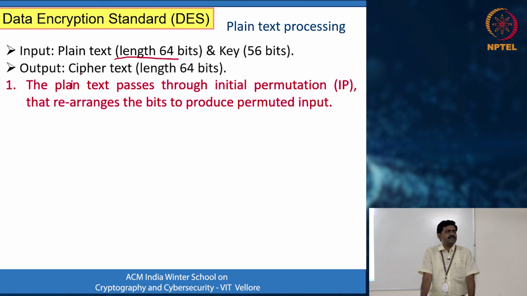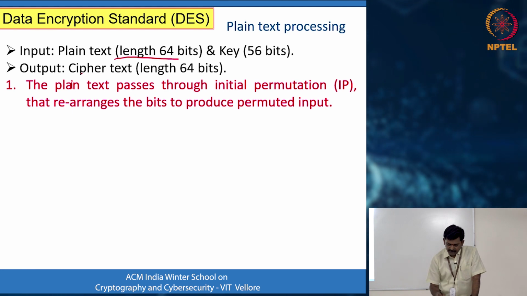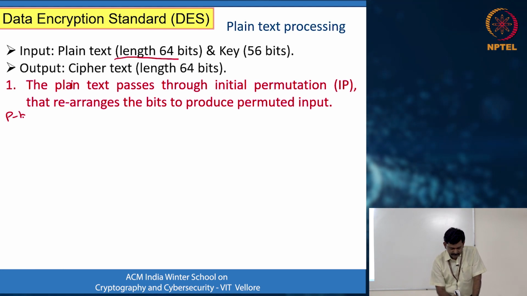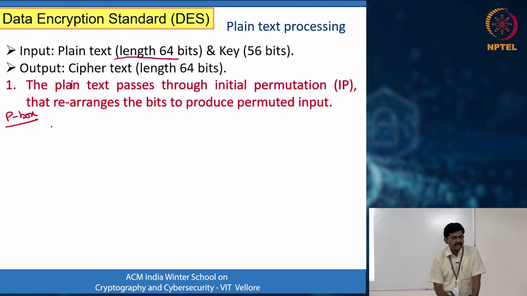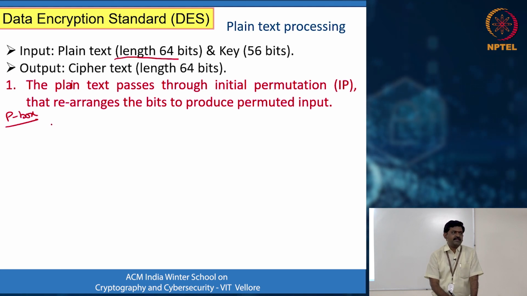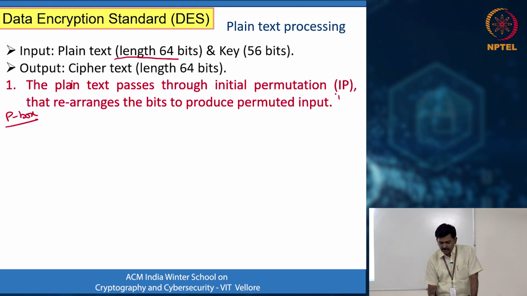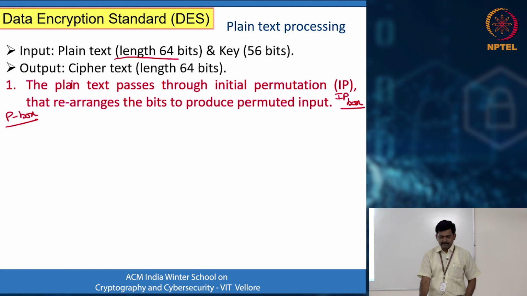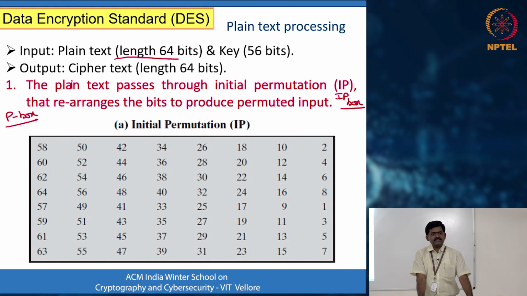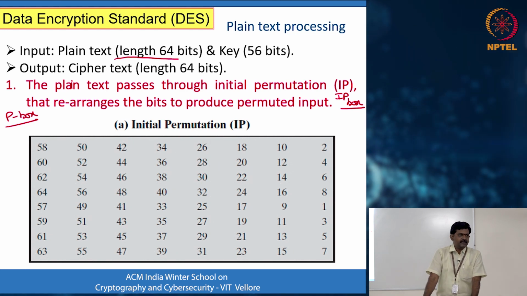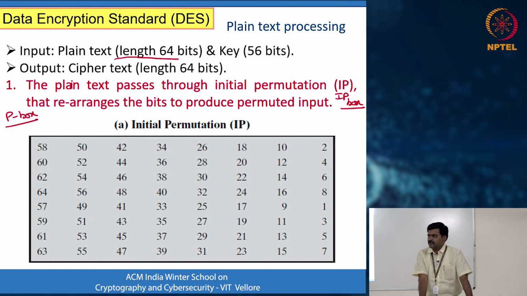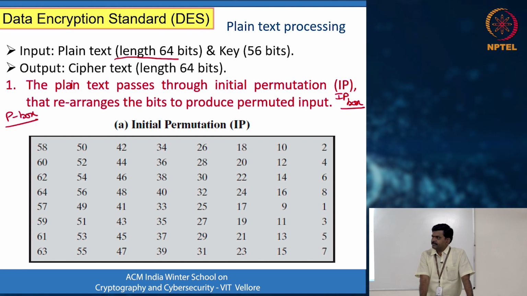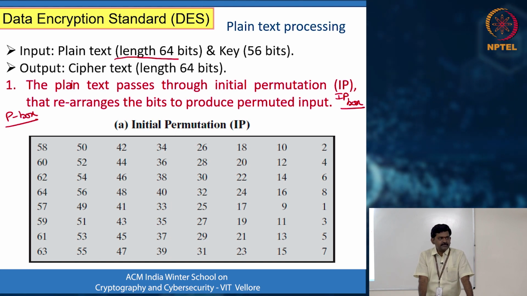For that purpose you need a P box, and since we are doing it as an initial permutation, it is also called the IP box. This is the IP box, right? The IP box is fixed, in the sense that whenever you implement your DES, you have to take this box only.